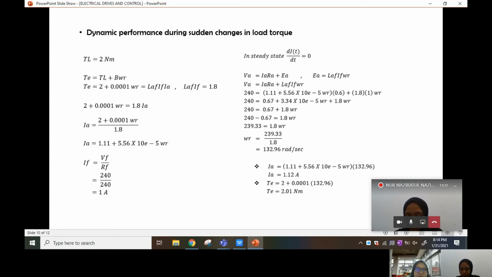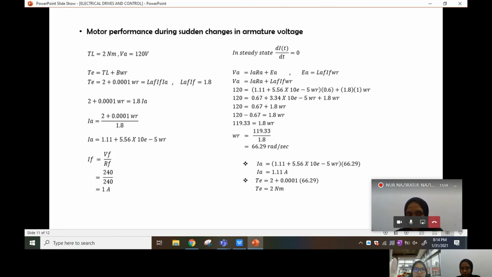Here we got IF equals 1 ampere, and then we got rotor speed is 132.96 radian per second, and IA equals 1.12 ampere, and developed torque is 2.01 Nm.